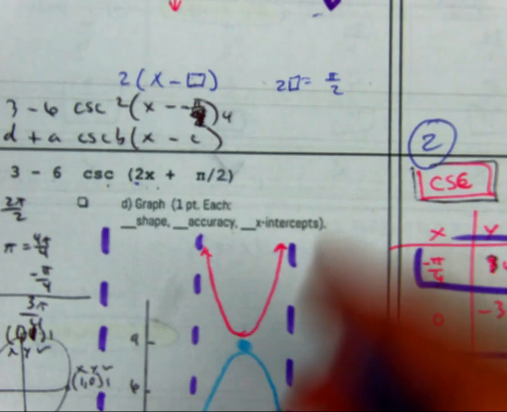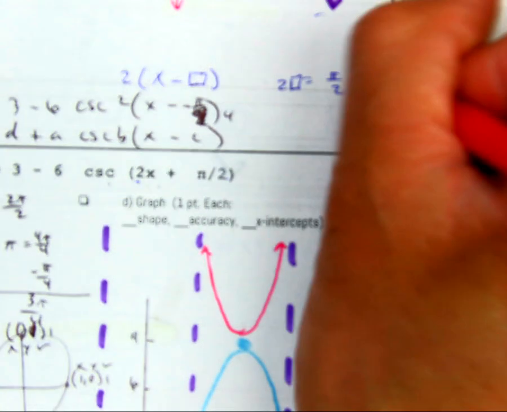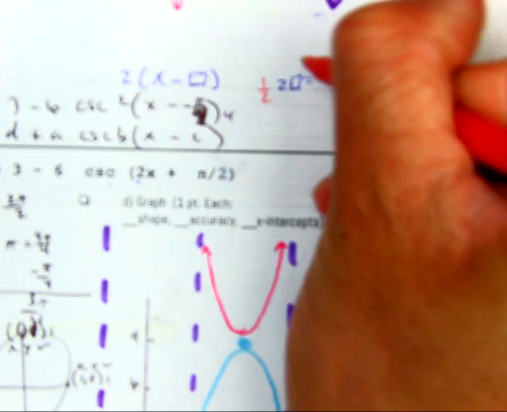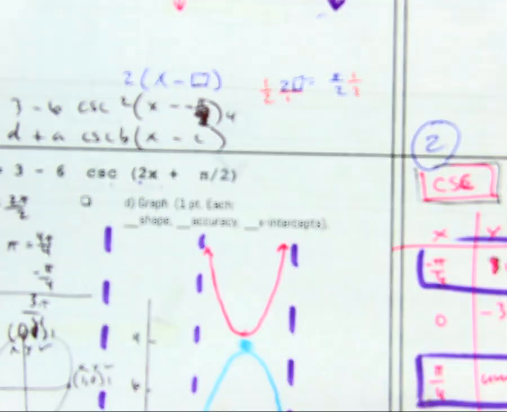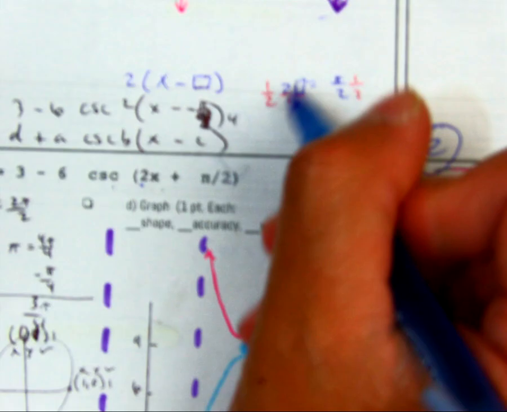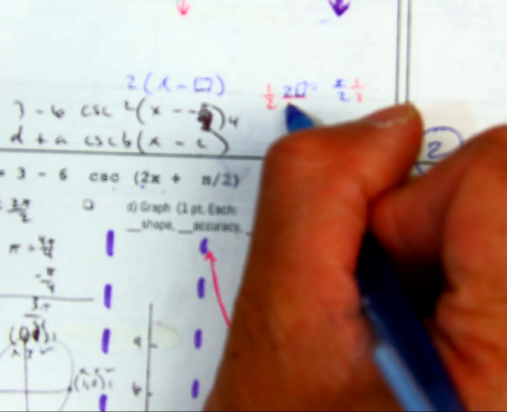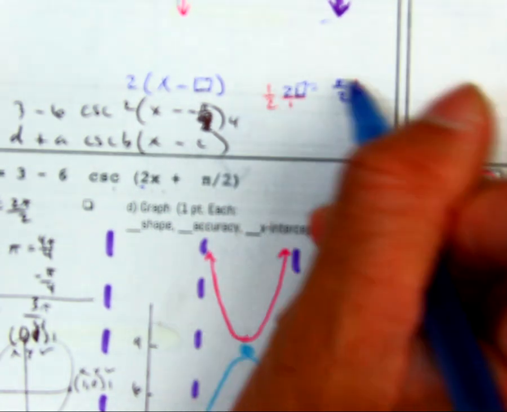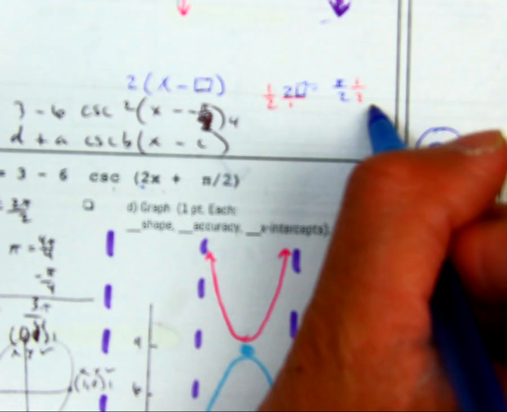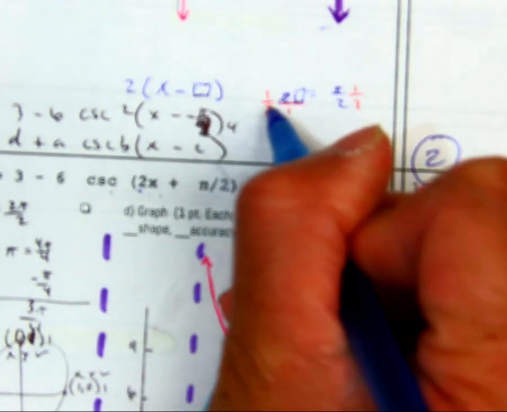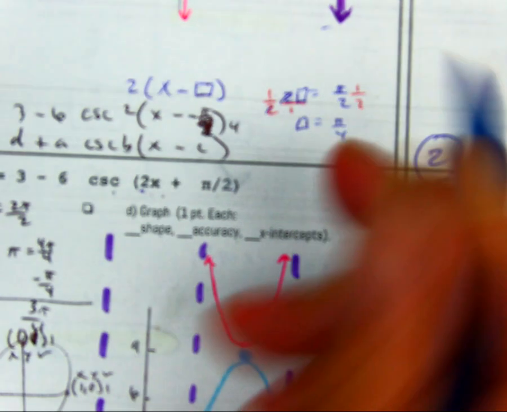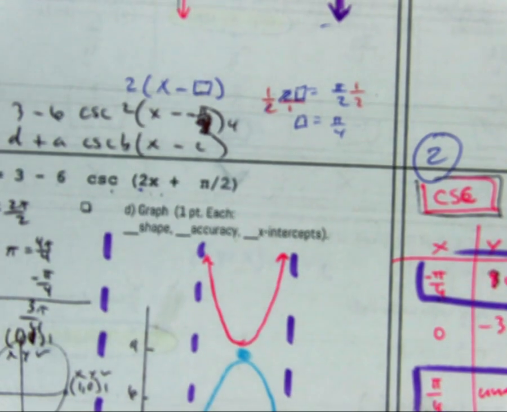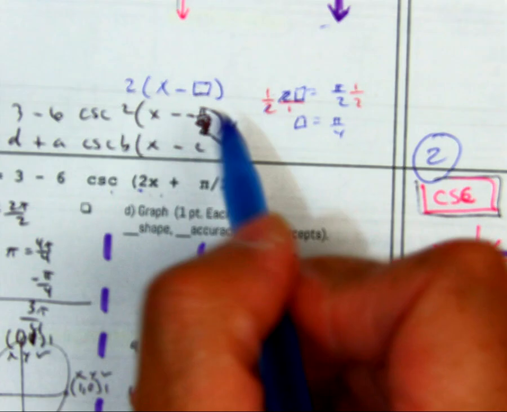Now, dividing by 2 is the same thing as multiplying by 1/2. It's just the 2 is on the bottom. What happens there is these 2's will cancel, and over here you get box equals pi over 4.